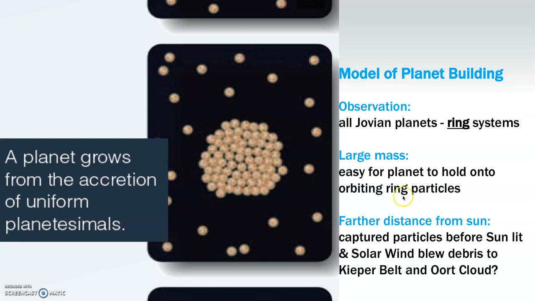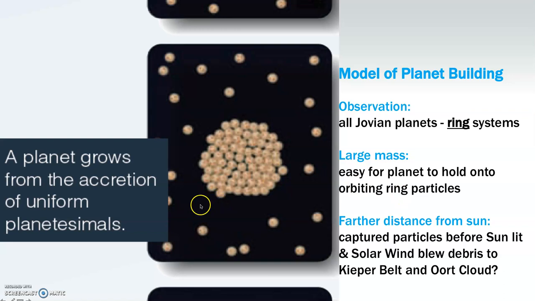And it can explain the fact that there are clouds of dust and belts of dust past the Jovian planets, because it can explain that as the sun lit up, the solar wind of the sun could blow all the rest of the dust past the Jovian planets.